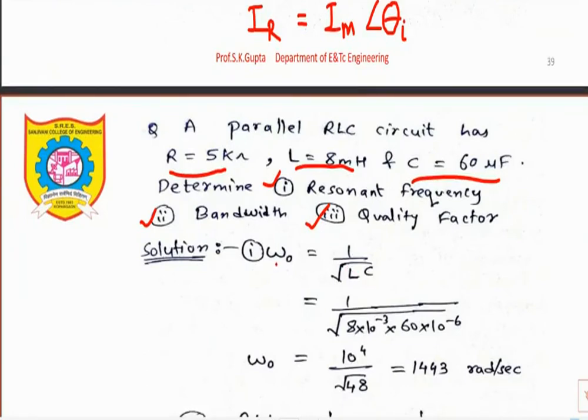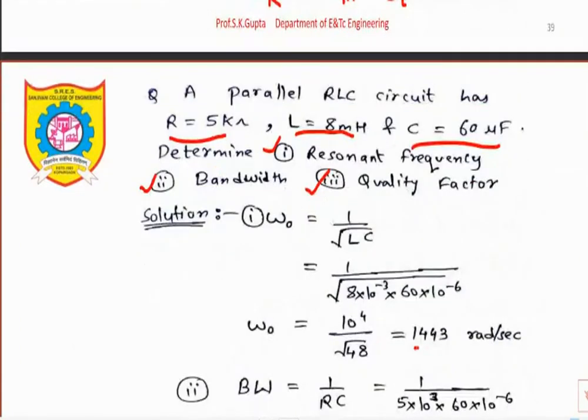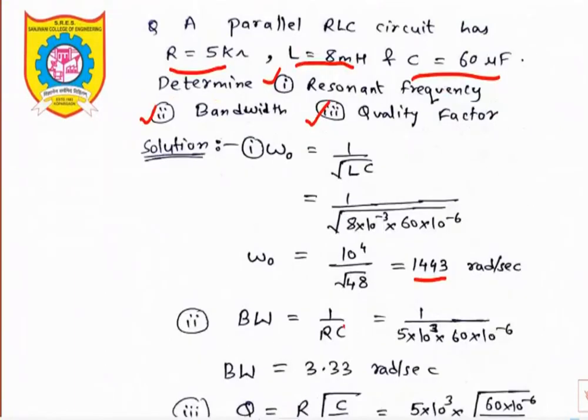Resonant frequency formula is 1 upon under root LC. Put the value of L, put the value of C. It comes out as 1443 radian per second. You should also calculate the value. Then bandwidth formula is 1 upon RC.